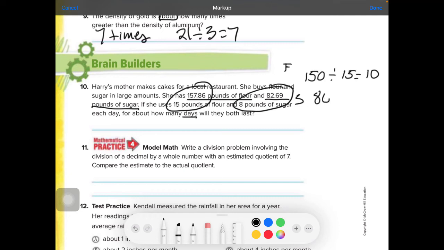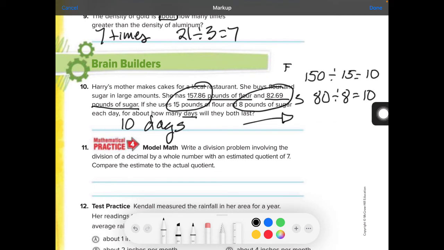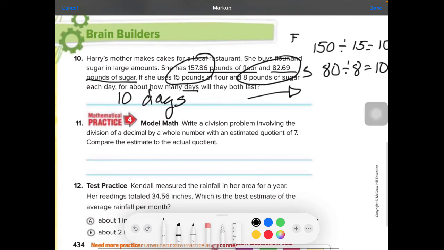Here's the sugar. 82 isn't very compatible, but 80 works a little better with 8 because she's going to be using 8 pounds of sugar a day. So she should have enough sugar for about 10 days. So about how many days would they both last? 10 days. And then point to these equations over here showing that you proved your equations.